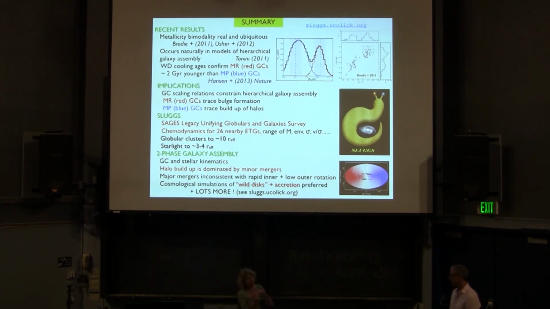To put that backwards, you might be able to constrain those input parameters to the simulations by looking at how the red and the blue peaks change. And obviously we have that information for these galaxies. We haven't published it yet because it's a very non-trivial exercise to get those numbers right. The number of globular clusters is not a trivial number to give. We can give crude ones, but to really get that right, because you're going out to large radius in these galaxies, counting globular clusters is non-trivial, but it will be done as part of our survey.